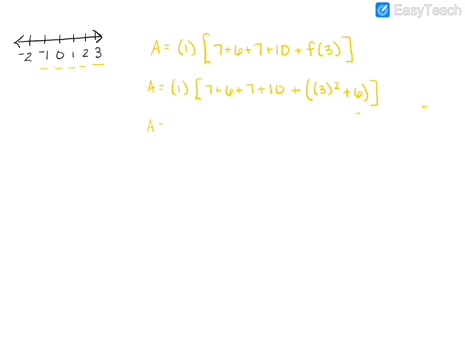So our area is equal to 1 times 7 plus 6 plus 7 plus 10 plus 15. So our area in this case would be equal to 45, which is a greater estimate than we found using the left endpoints. If we graph that out, it would look something like this.